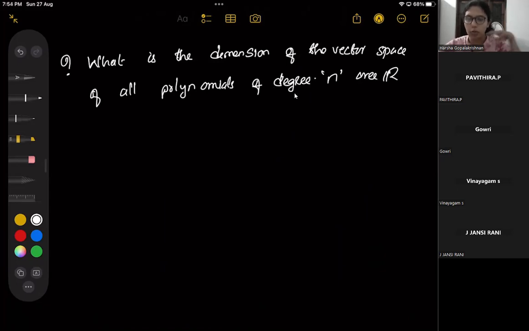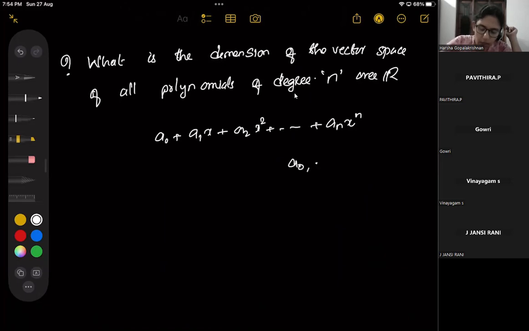We know what a polynomial is. A polynomial will be in the form a0 plus a1x plus a2x squared plus etc. plus an x power n, because the degree is n. We need to go up to n only. And over R means all these coefficients a0 to an belong to the real numbers. So if V is the vector space of all this kind of polynomials, then what is the dimension of V?